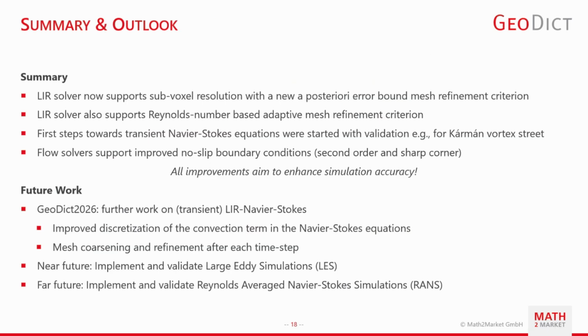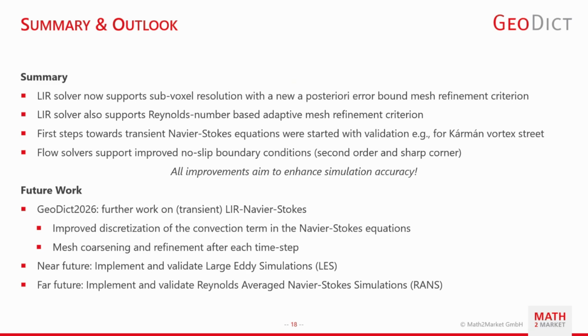So let me summarize my talk. The solver now supports sub-voxel resolution for flow simulation. We have two new mesh refinement criteria: the a posteriori error bound, where you can specify the error that you want to accept, and a Reynolds-based mesh refinement criterion, where you can use the local Reynolds number to guide where refinement should happen.